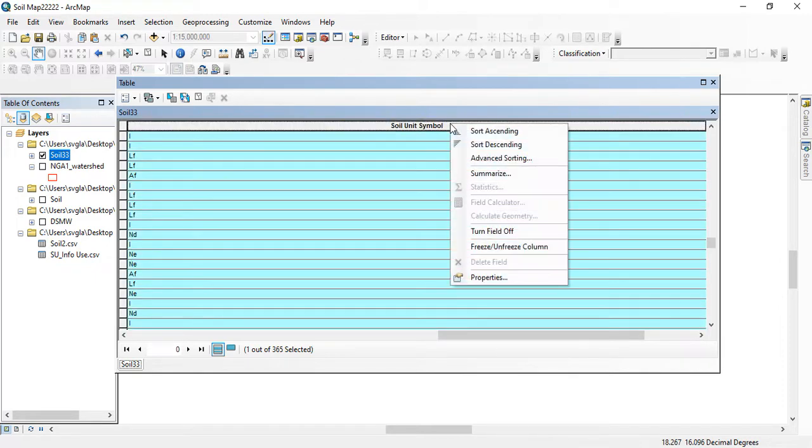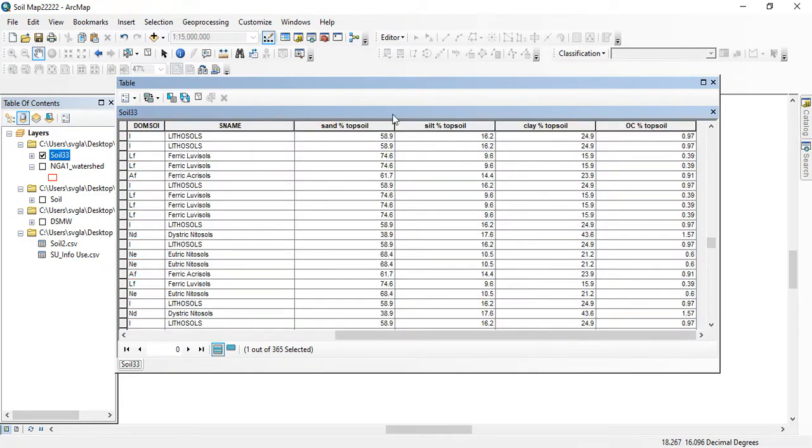Let me remove this column. It's of no use, or better still, turn it off. So I have this information.